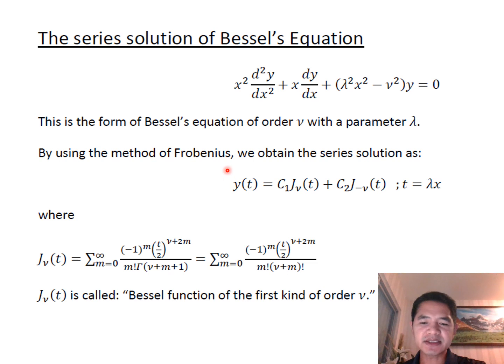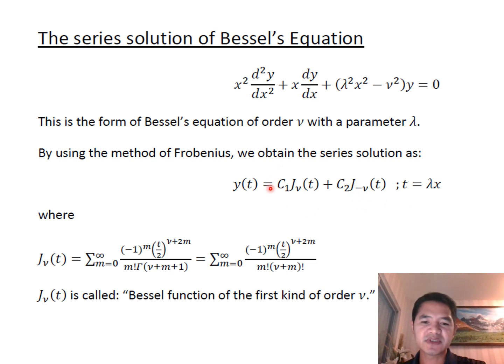The answer is going to be in this form: y is a function of t, where t is lambda x, equal to c1 times J nu of t, where c1 is a constant, plus c2, a constant, times J minus nu of t.